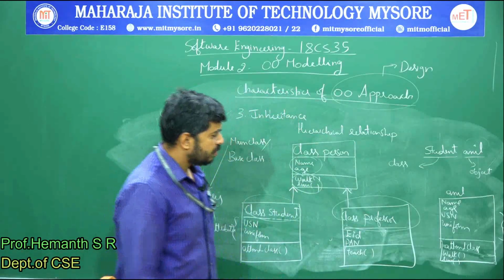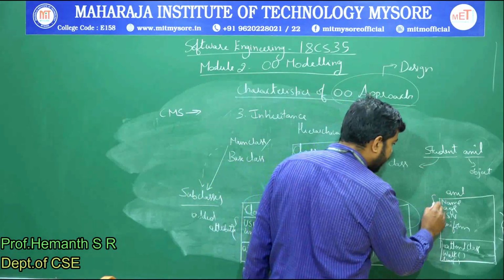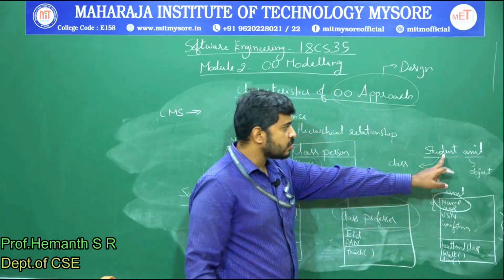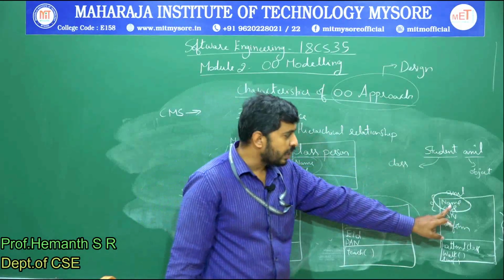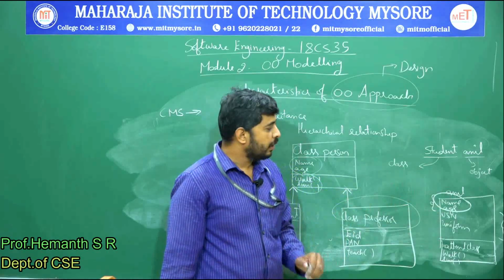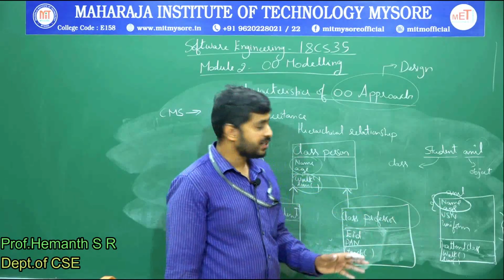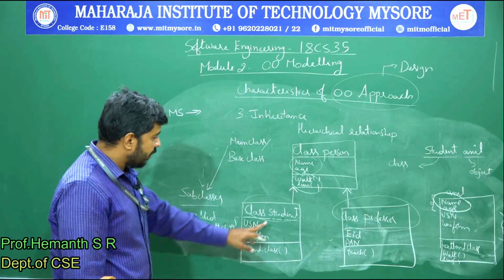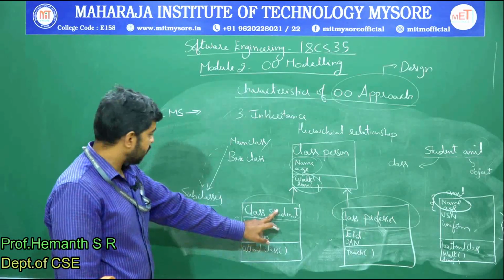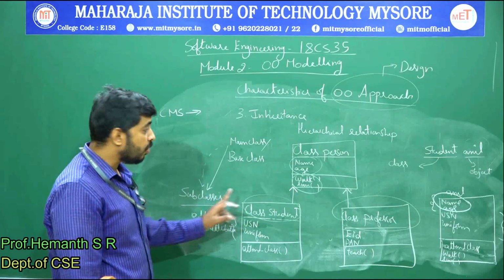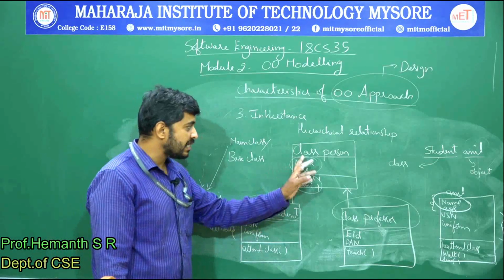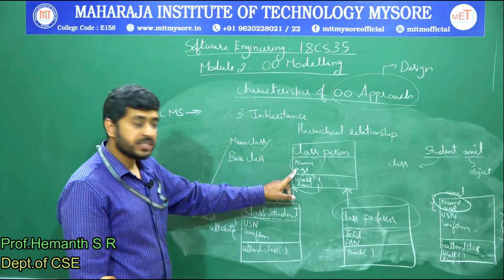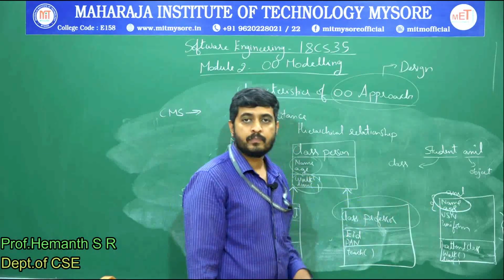Now you may ask a question: why were the name and age attributes taken? Name and age were not there in student, but still they came to the Anil object. From where did they come? This was because of the inheritance relationship that we have created in the design, where the class student is a subclass of the main class person, because of which name and age came to the Anil object.